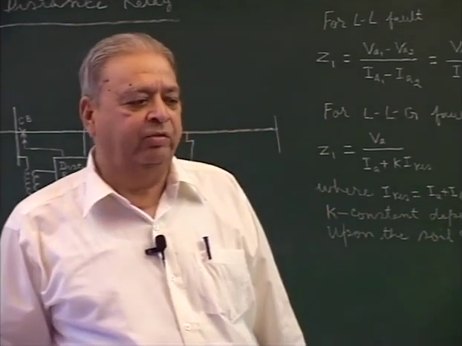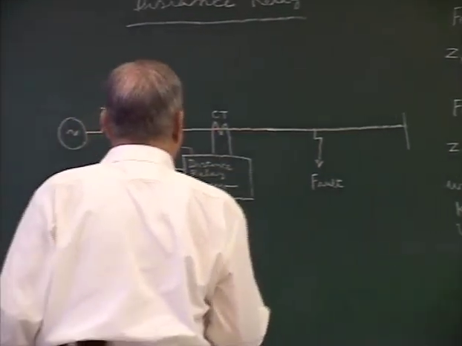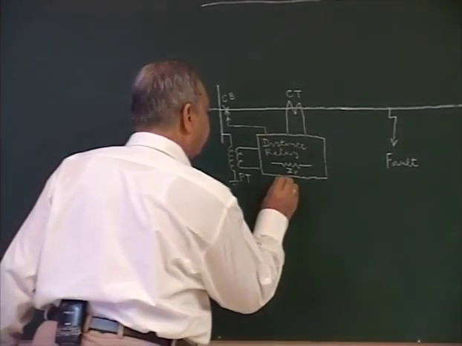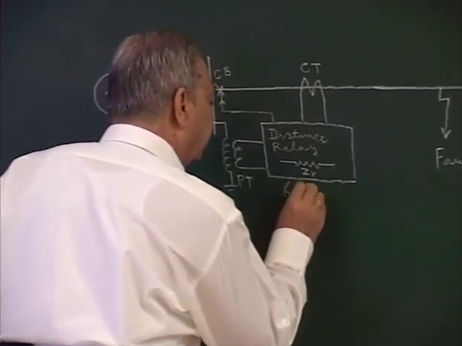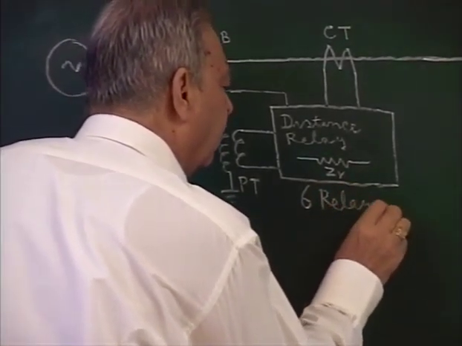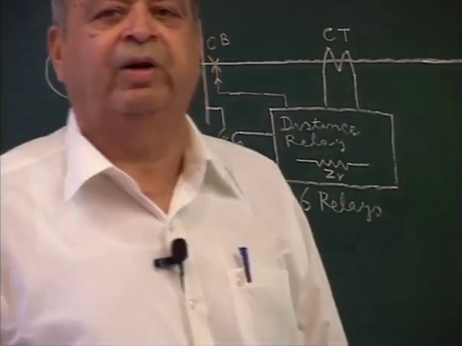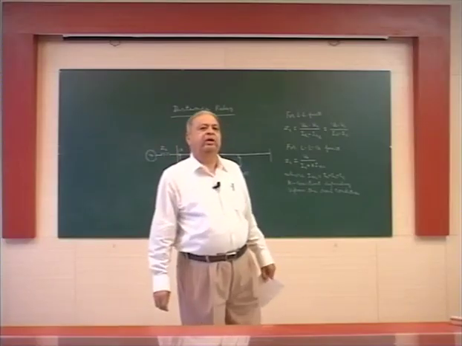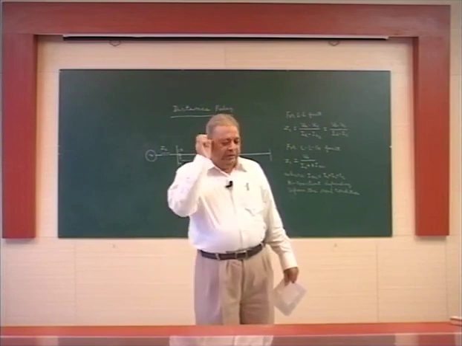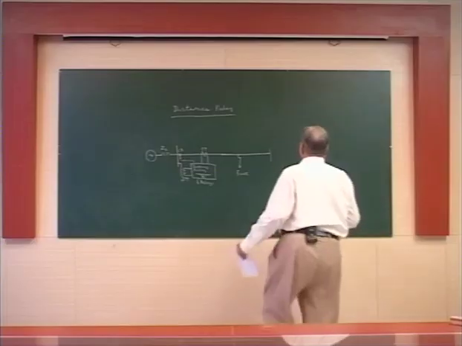So, in the actual system, for one relay represented here, there are actually 6 relays. Three for phase fault detection and 3 relays for ground fault detection. Then for backup purposes, we make use of a timer.